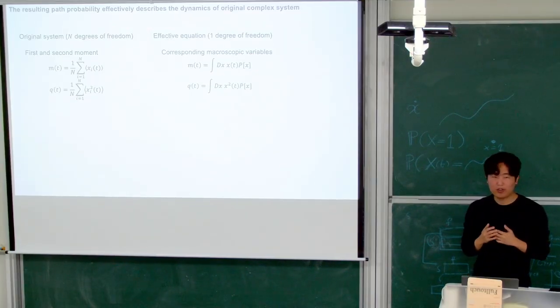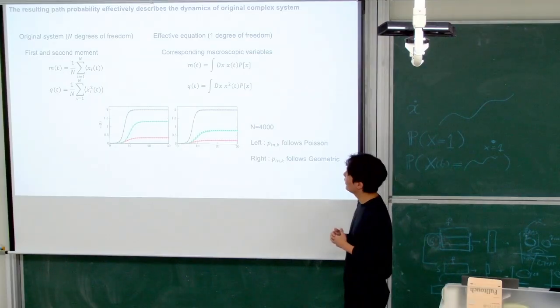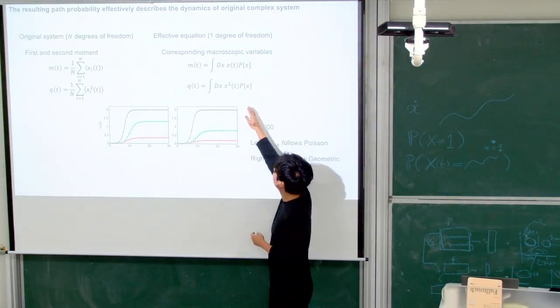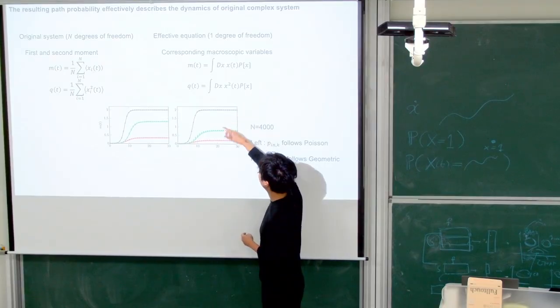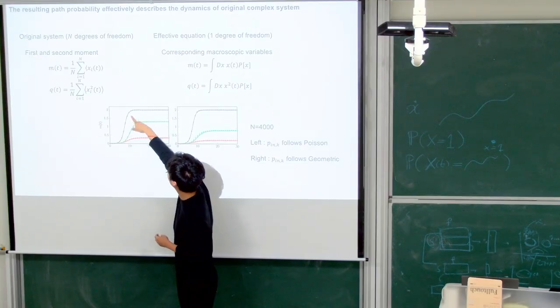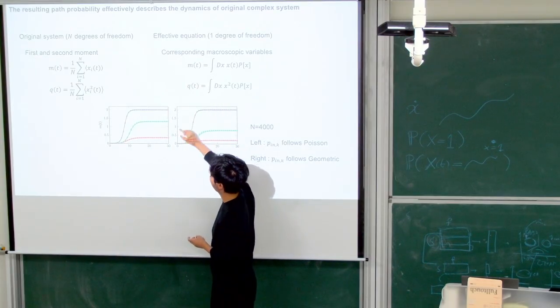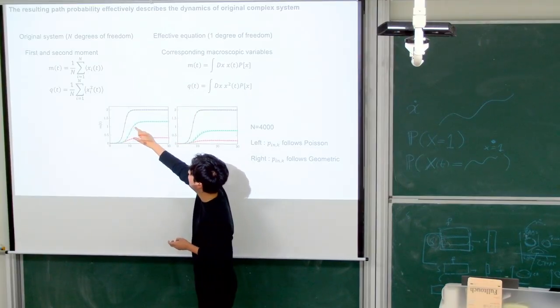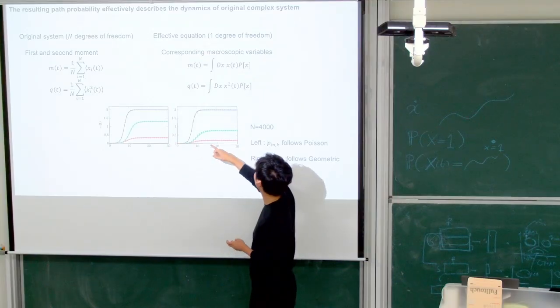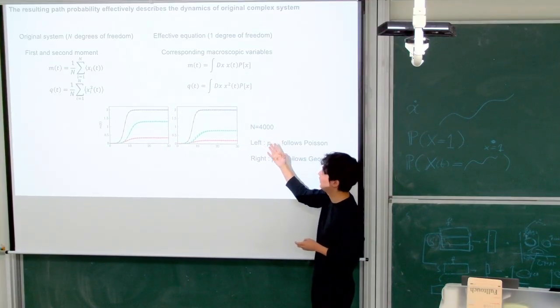In order to see that this effectively describes the system, the authors compared them. The solid lines are the moments computed using the path probability, and the authors also computed the first and second moments using a large system where n is equal to 4,000.